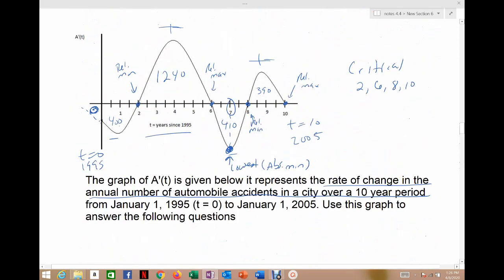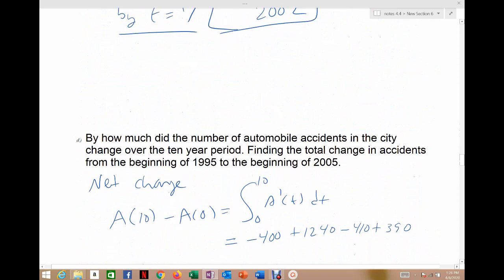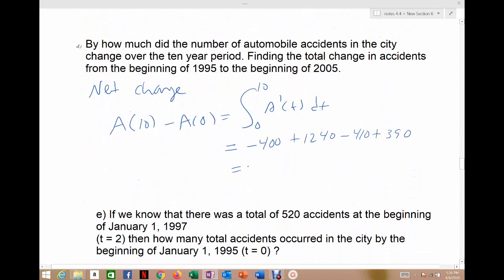All right, number of accidents decreased by 400, then increased by 1,240, then decreased by 410, then increased by 390. All right, and you add and subtract all those increases and decreases. All right, when you do, you get the net difference from the year 0 to year 10, and so add, subtract. I believe that comes out to 820.